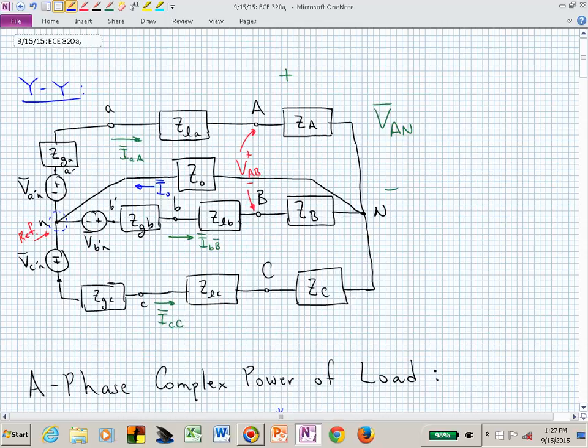So can I just call that capital V sub capital N? Is it clear what that reference is, or what that voltage is? That's the voltage from here to there. So this is V sub N.